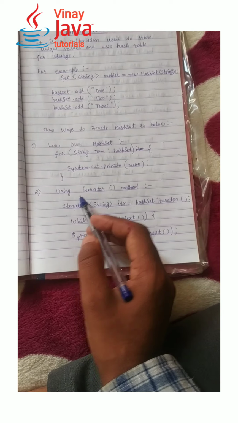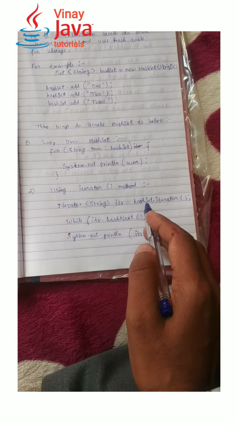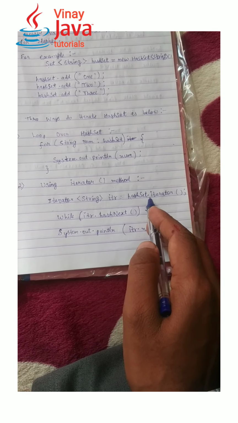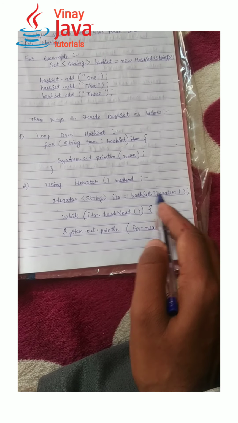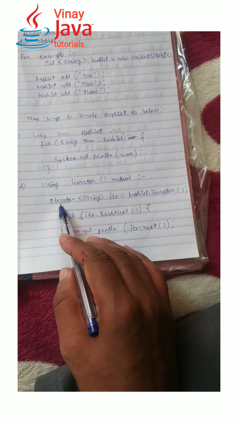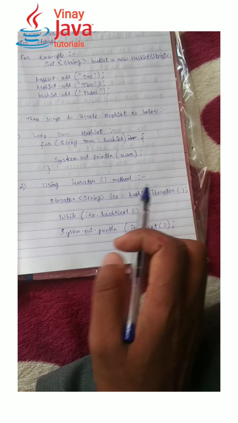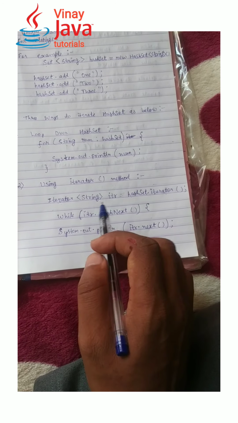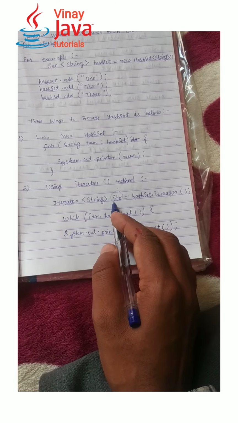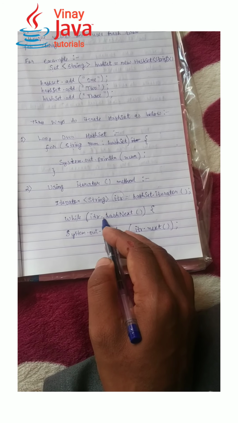Okay. Second method is iterator. We can also use the iterator method. I will call the iterator method from the hash set object, hash set dot iterator, and it will be of iterator type. On the left hand side I have used the Iterator interface, which will take the iterator method. Then after getting this itr object, I will use it in the while loop as itr.hasNext.